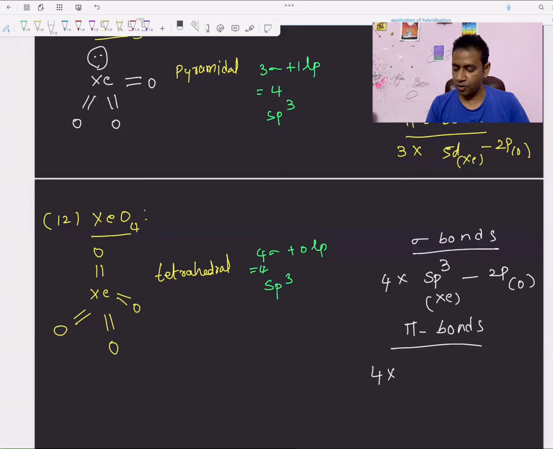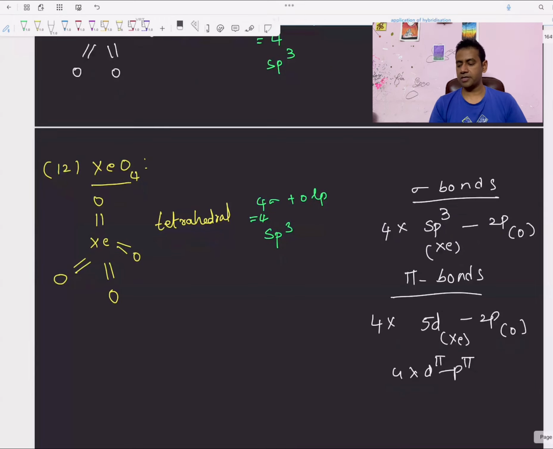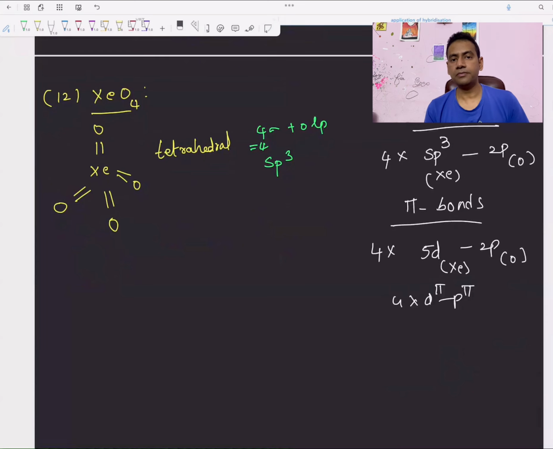There are 4 such d pi p pi bonds formed from 5d of xenon overlapping with 2p of oxygen. So we have 4 d pi p pi bonds.